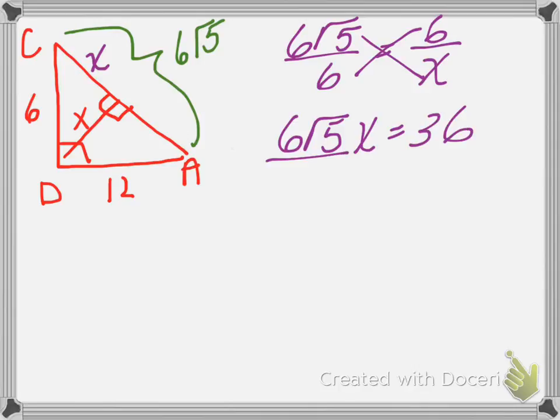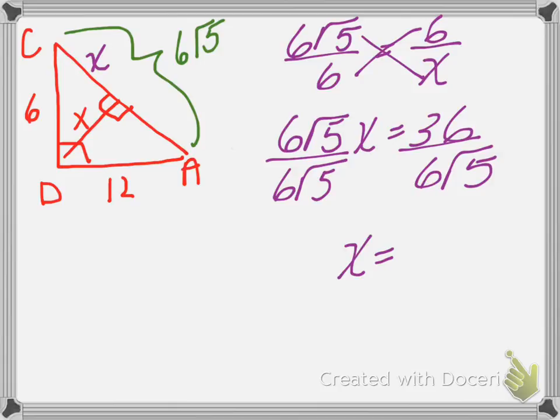Then we can divide both sides by 6 radical 5, and we get that x equals 6 over radical 5, since 6 goes into 36 6 times. So that means that I now know that this piece here is 6 over radical 5.